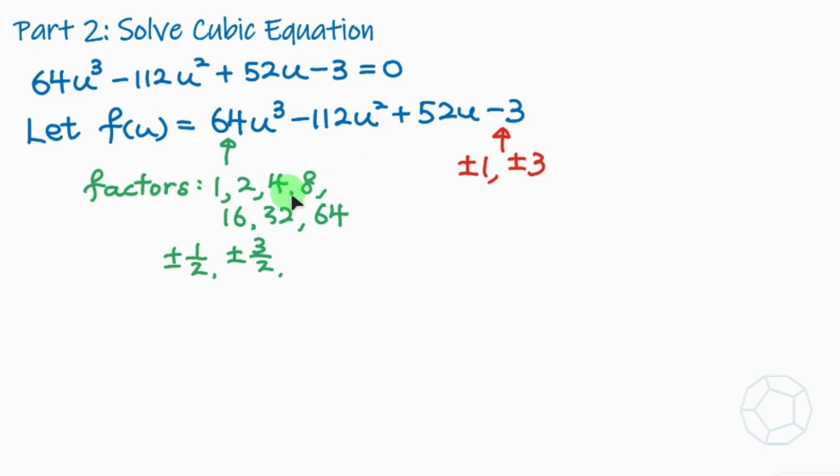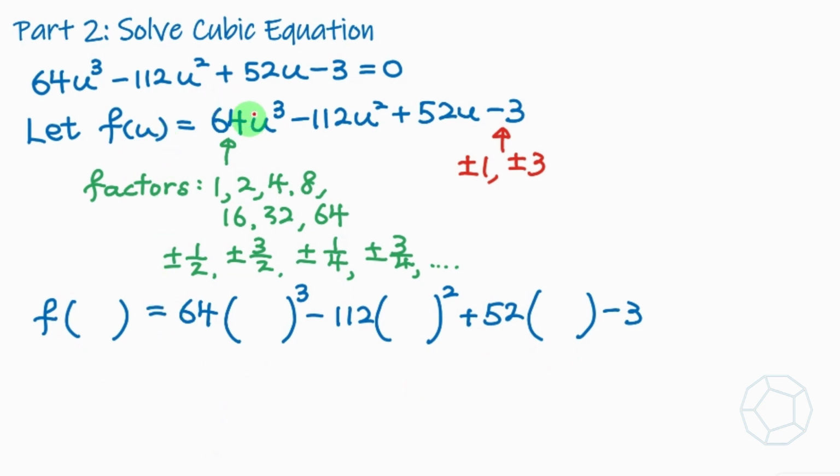Similarly, if we take 4 as the denominator, then we may also try plus or minus 1/4, plus or minus 3/4, etc. So we'll try u equals these values to see which one gives the function value equal to 0. After several trials, we get the following.